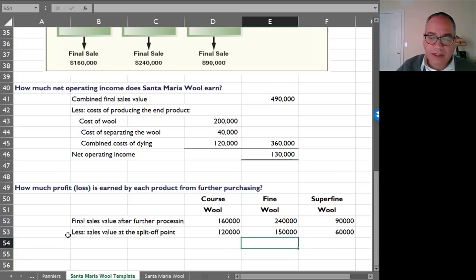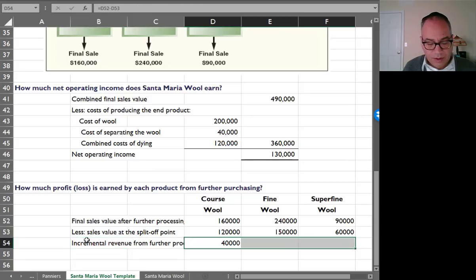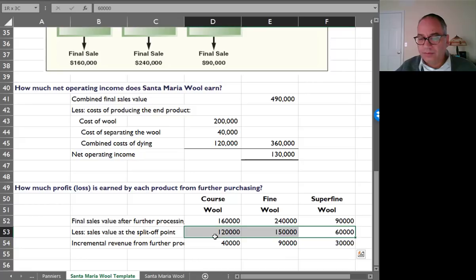So that would give you incremental revenue from further processing for coarse wool of 160,000 minus 120, or 40,000. For fine wool, 90,000, and for super fine wool, 30,000.